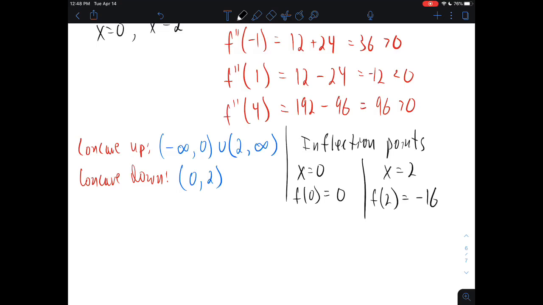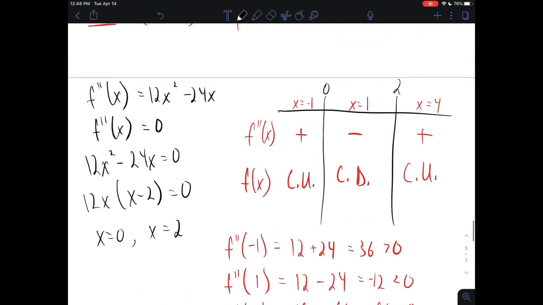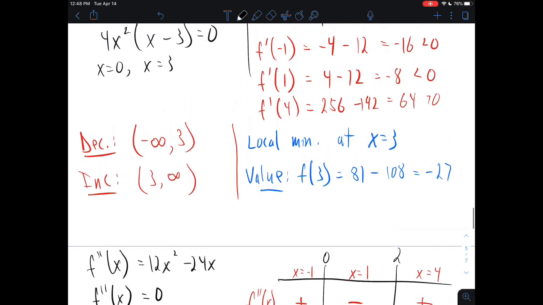So now let's put this all together in a graph. I've got some points for my inflection points, 0, 0, and 2, negative 16. I also have a point for my local minimum, which was 3, negative 27. So I'm just going to use those points as some reference.